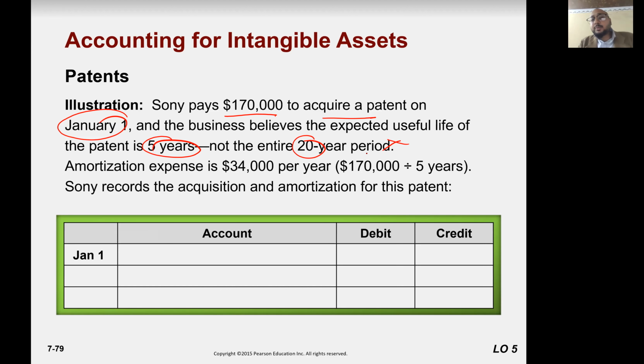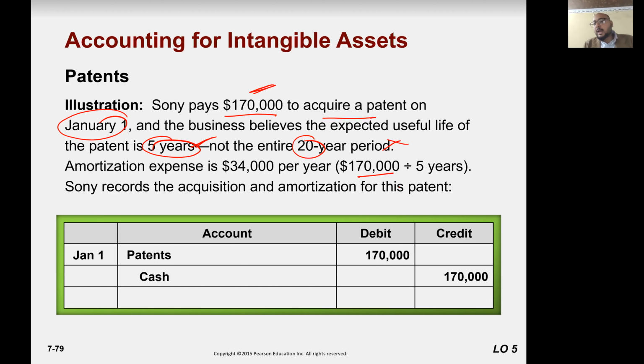So the amortization expense is going to be 170,000 divided by 5. Straight line method. There is no salvage value in the case of patents because we don't have any physical form. All right. So 170,000 divided by 5. The answer is going to be straight line method. So what is the value here?